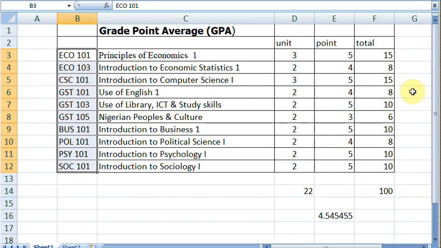To calculate it, we did unit times point, giving us the total, and then we summed the totals to give us 100, and the units to give us 22. We divided 100 by 22, which gives the graduating CGPA of 4.54. Of course, this is approximately 4.55, and this is first class, and that is what I wish you. This is only for the first semester.